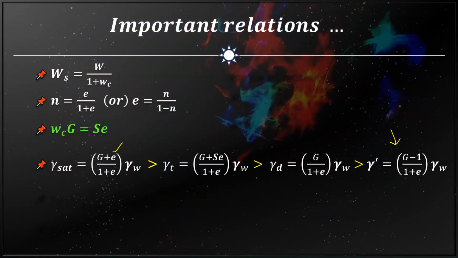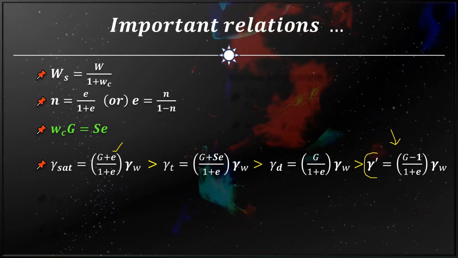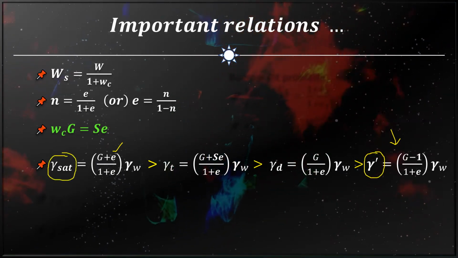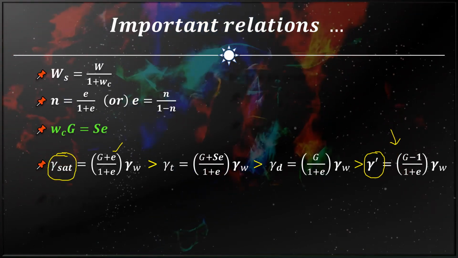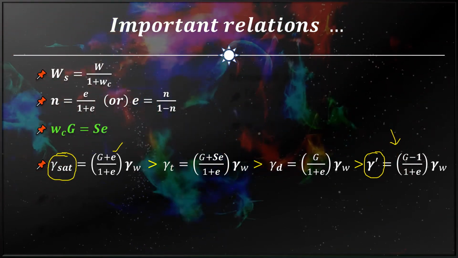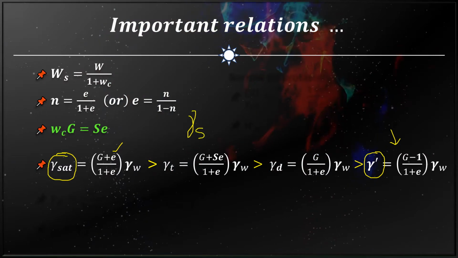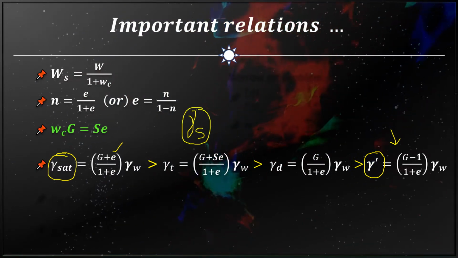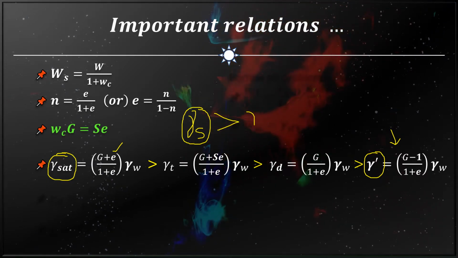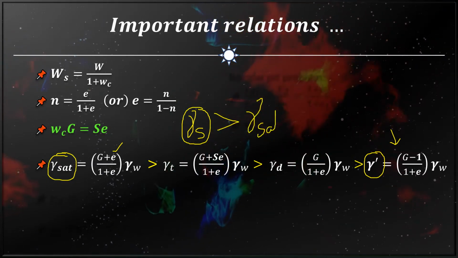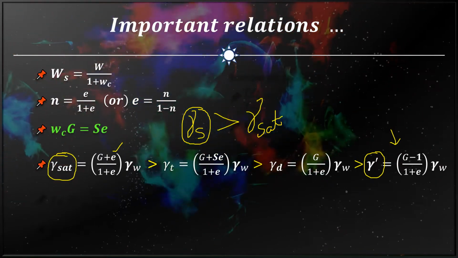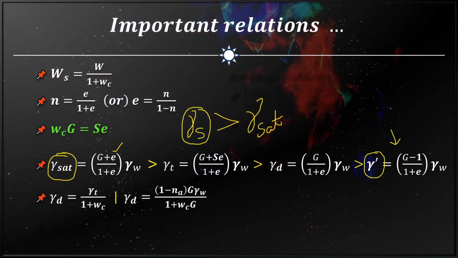So that means submerged unit weight has the least value, and saturated unit weight has the greatest value. And gamma S is nothing but unit weight of solids only. This has a greater value than gamma sat. When we compare this and gamma sat, gamma S value is greater than gamma sat value.